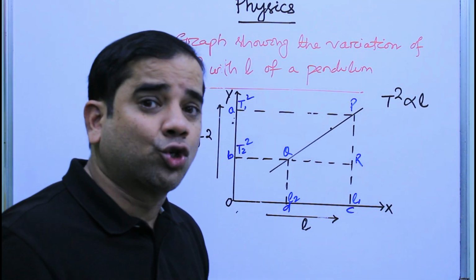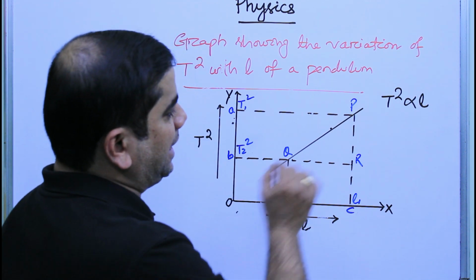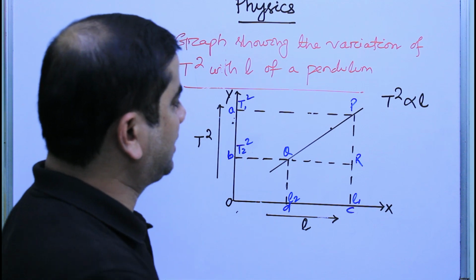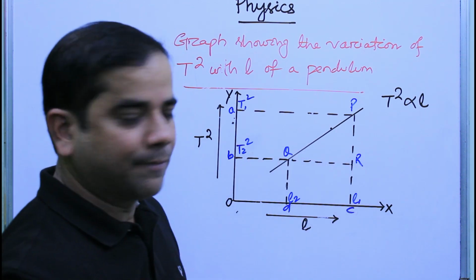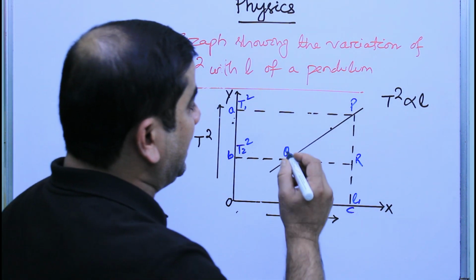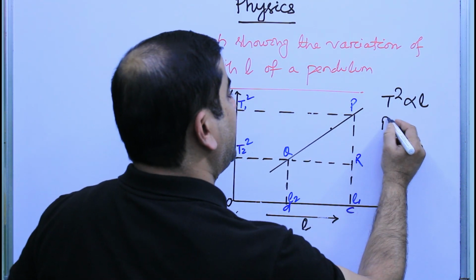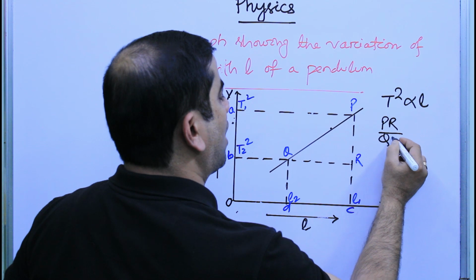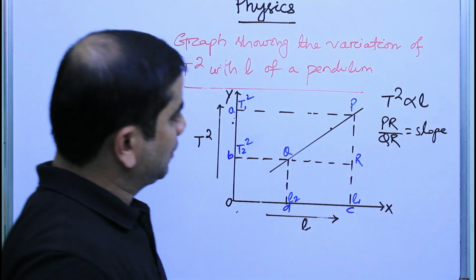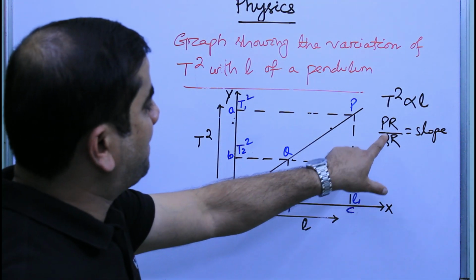Okay. So what about the slope of this graph? As you can clearly see, I have taken 2 points P and Q on this straight line and there is another point R over here. So the slope of this graph is nothing but PR by QR. This is the slope. Fine. So what is the value of PR then?